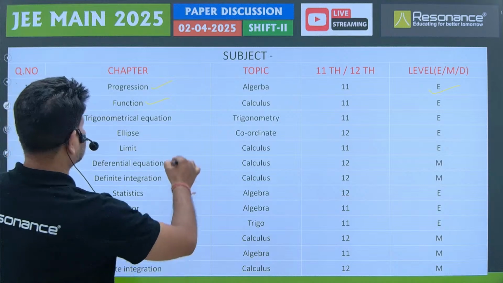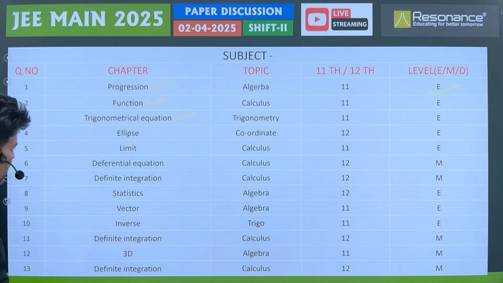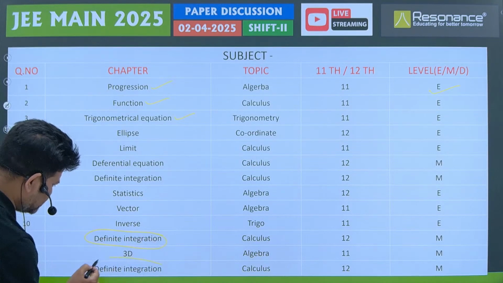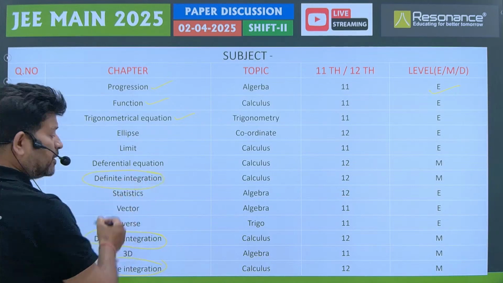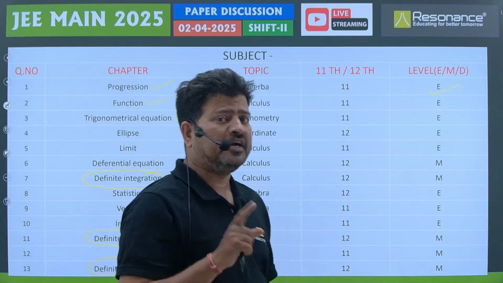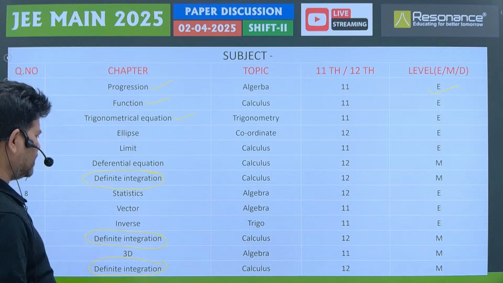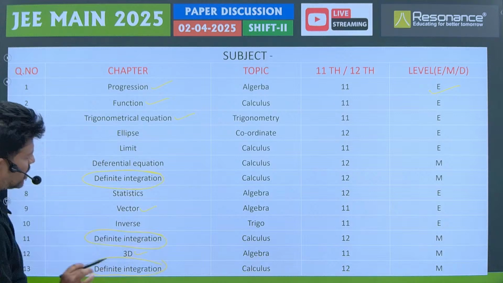Trigonometrical equation, also one question came here. One thing we can find here, different integration you can see. Generally this pattern is not there, but in this paper we can find 3 integration questions. Generally in the paper 1 or 2 questions come, but this time we can find 3. Again, once you come to vector, 3D question came already.